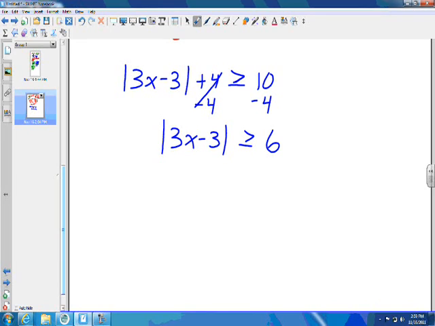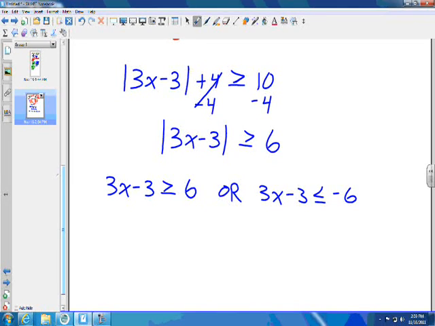So what do we write on this first inequality over here? 3x minus 3 is greater than or equal to 6. So what's the only difference there? No absolute value. Or 3x minus 3 less than or equal to negative 6. Very good.